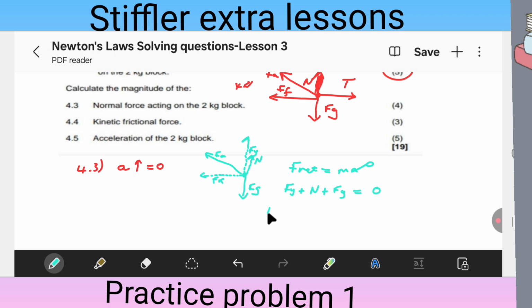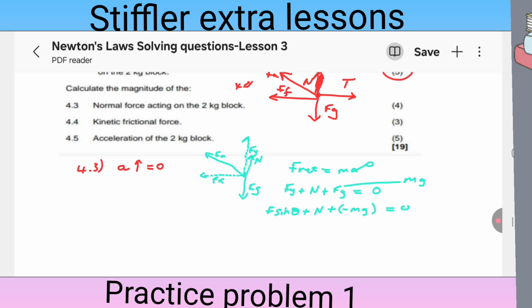F at y is the same as F sine theta, plus our normal force, which is also going upwards so it is positive, but our Fg is going downwards, so it should be negative. How do you calculate Fg? We calculate it using mg, the mass times the gravitational acceleration. So the sum equals 0, right?